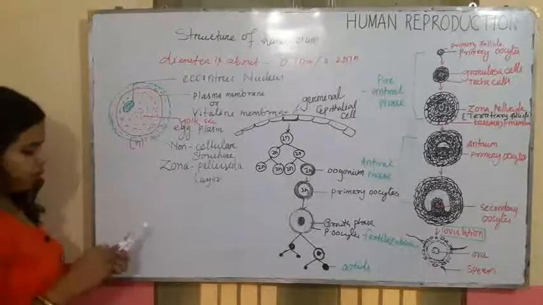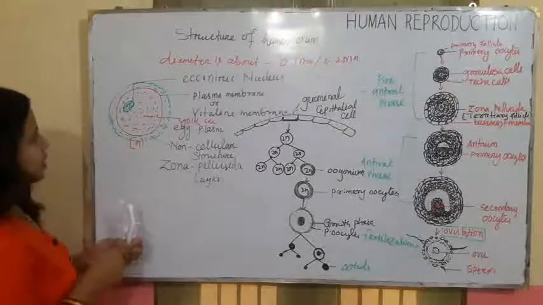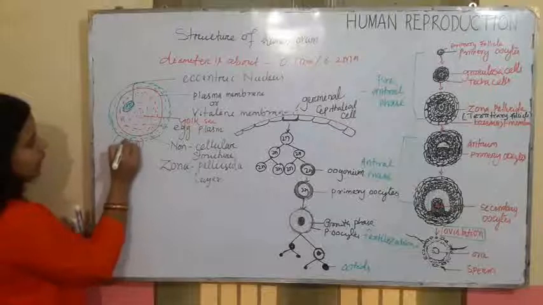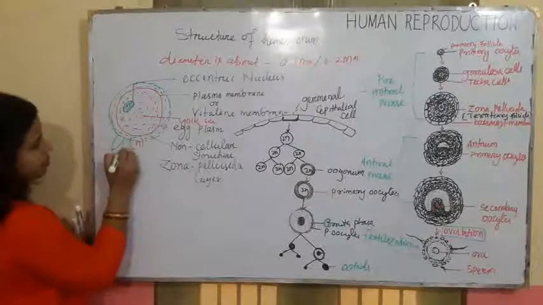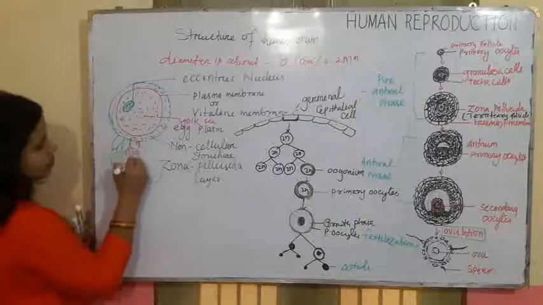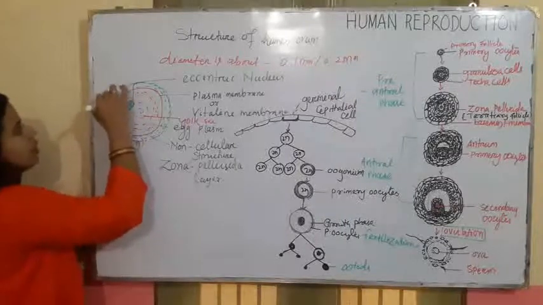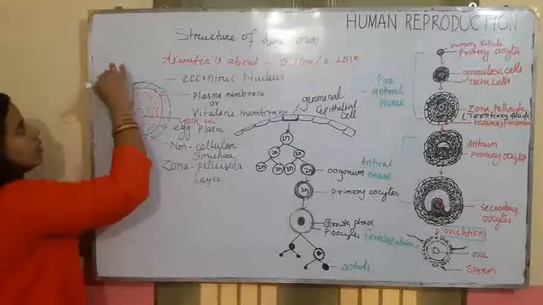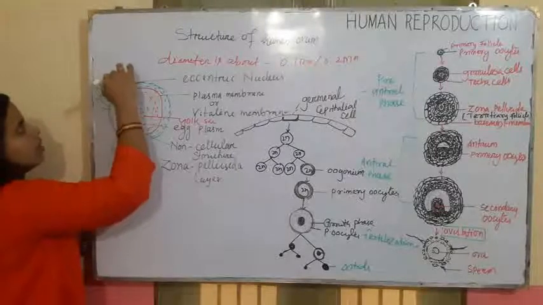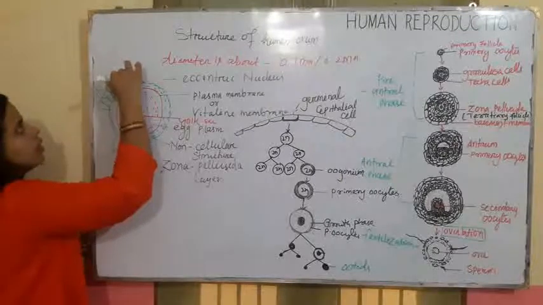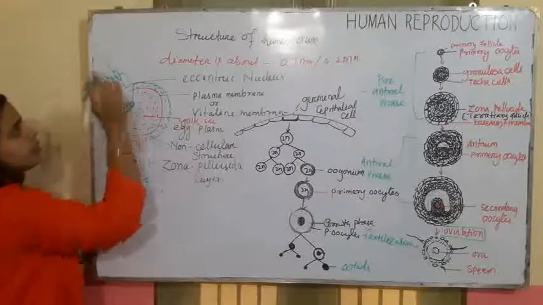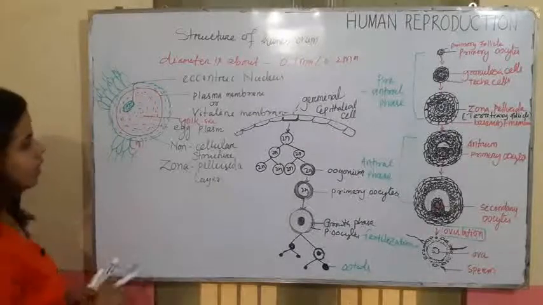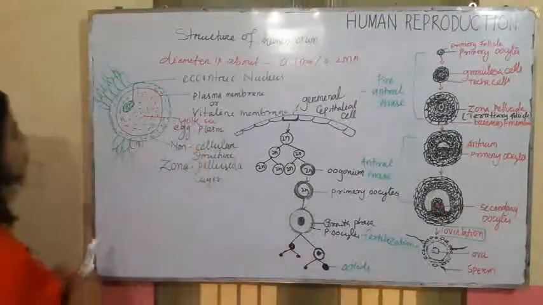And one more part is there, with structures like this. Okay, these are structures present around the ovum, which is called as what?